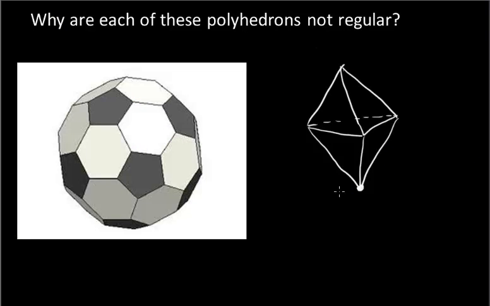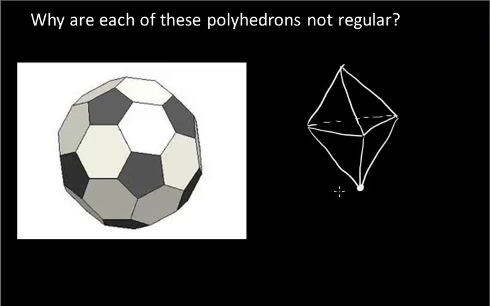Okay, here we see a picture of 2 polyhedrons. Their faces are made of polygons, 3D objects. The second one I had to draw again, because that particular picture didn't appear. So why are each of these polyhedrons not regular?